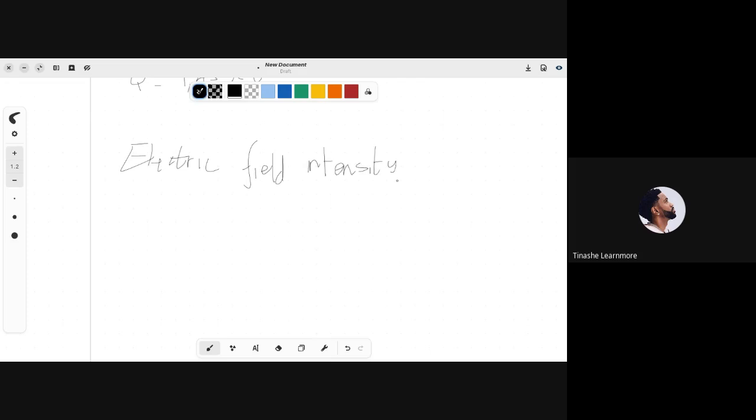When we're talking about the intensity of an electric field, let's suppose we have a scenario with a charge Q. Around Q there's an electric field, some region around it.